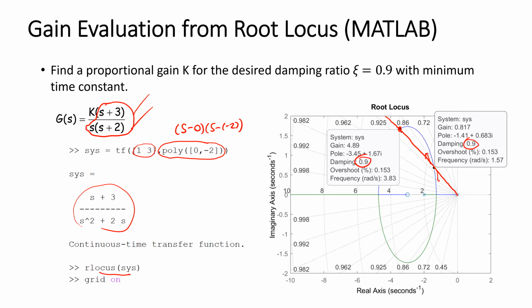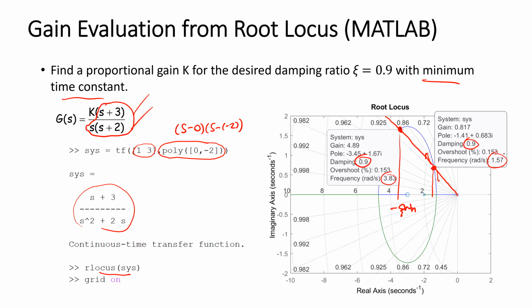We have two solutions here. If you need minimum time constant, you're going to pick the fast solution. If you want the slow system, you're going to pick this solution. They also show the frequency.